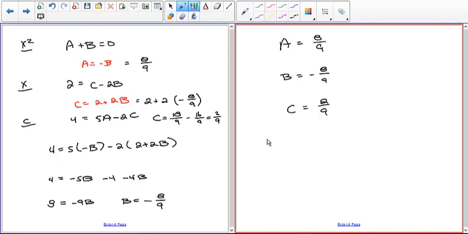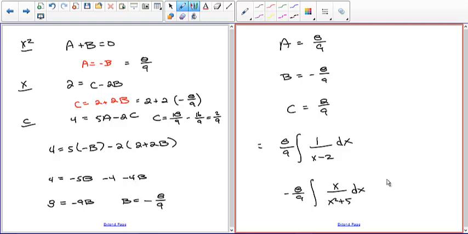So my original integral is going to end up being 8/9 times the integral of 1 over x minus 2 dx. That's the A part. Then I have minus 8/9 times the integral of x divided by x squared plus 5 dx. That's the B part.